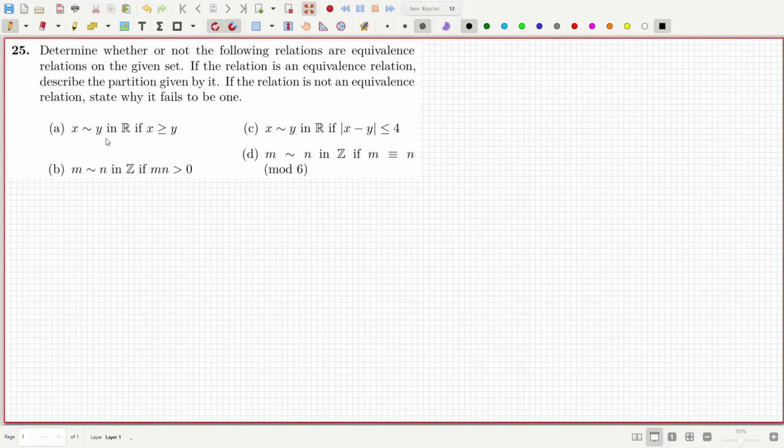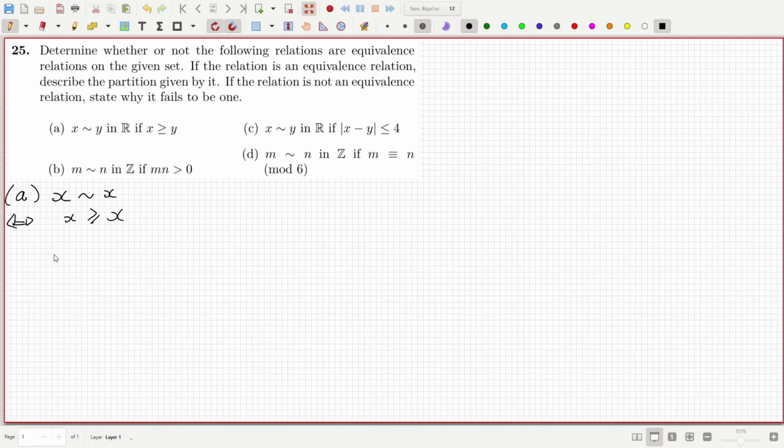Is this an equivalence relation? Well, it's definitely reflexive. You can say x equivalent to x, that is if and only if x is greater than or equal to x. So that's true.